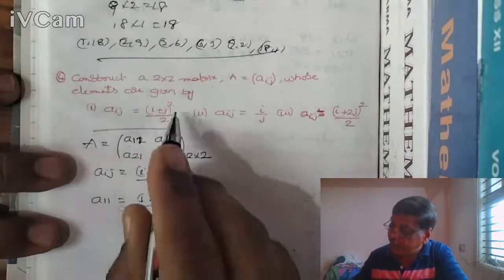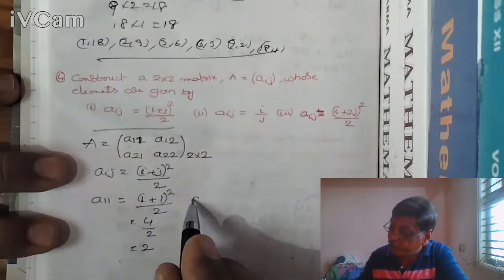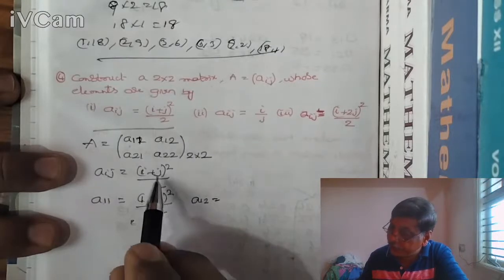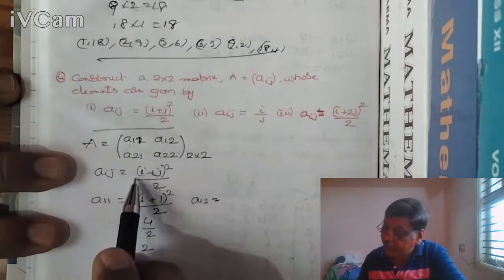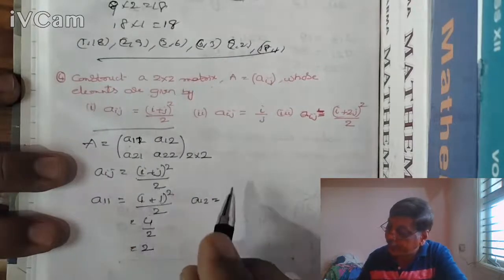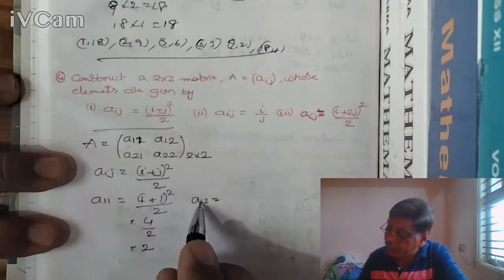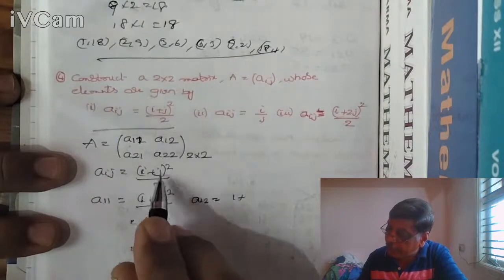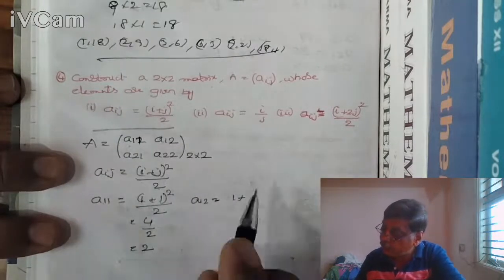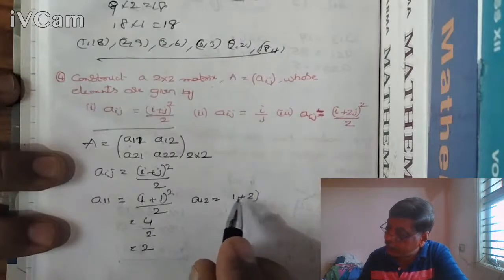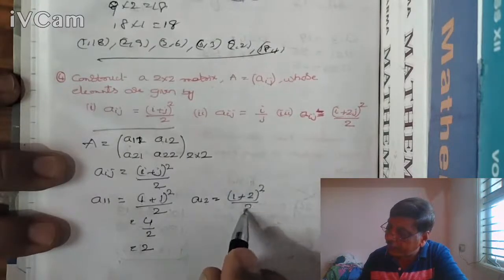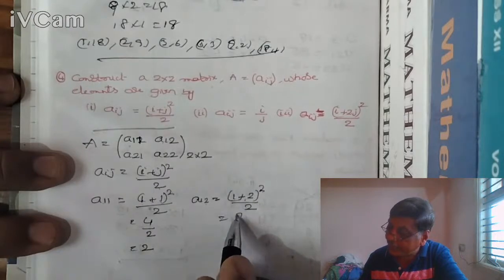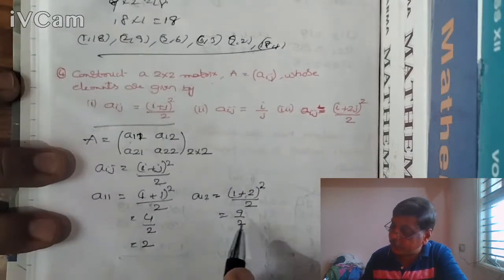Next, you take A12. Again we use the given definition, (i plus j) whole square by 2. Here i is 1, j is 2. You write it as (1 plus 2) whole square divided by 2. 1 plus 2 is 3, 3 square is 9, so 9 by 2. Yes or no?